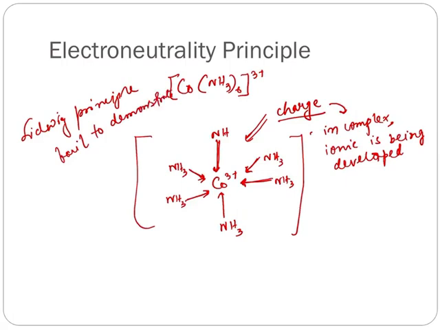Now the electroneutrality principle plays the role. What does the electroneutrality principle say? It says that in a stable complex, every atom should have a charge close to zero. That means in a stable complex, no atom should contain a higher amount of charge.